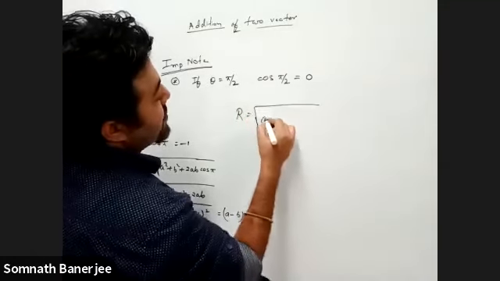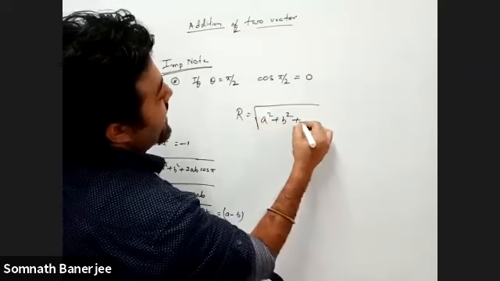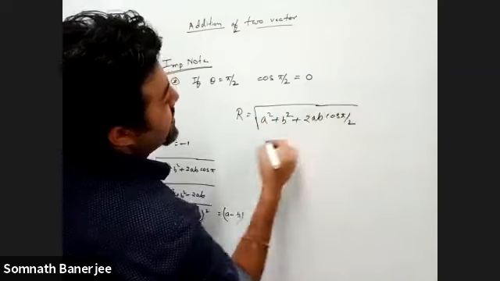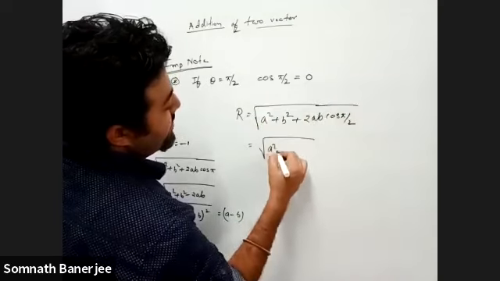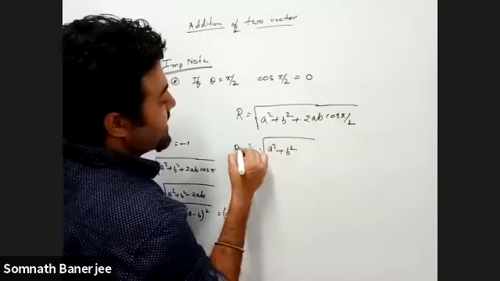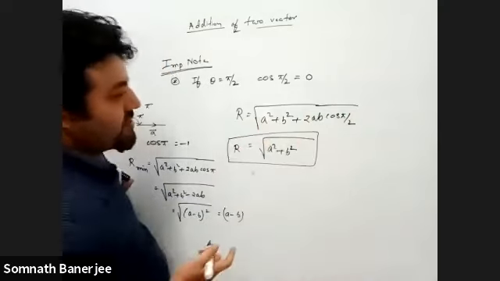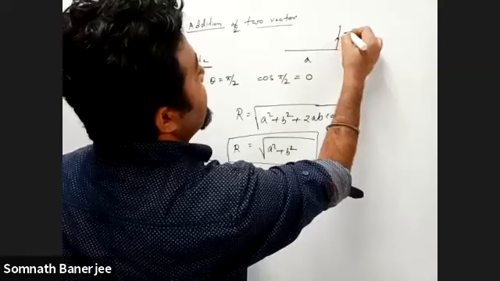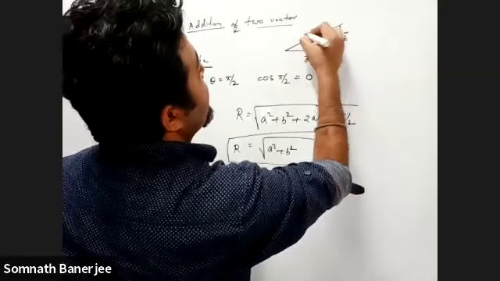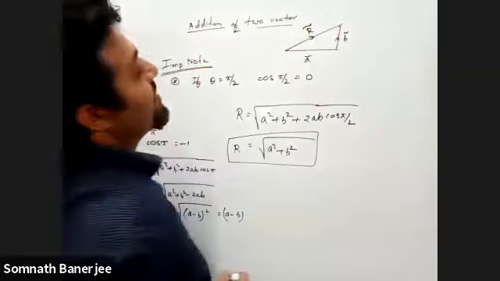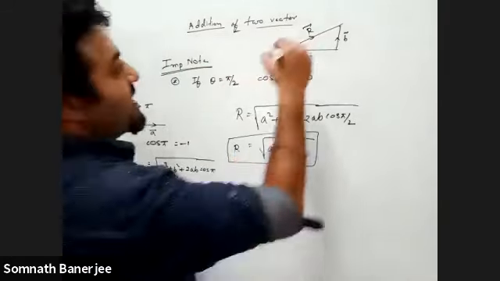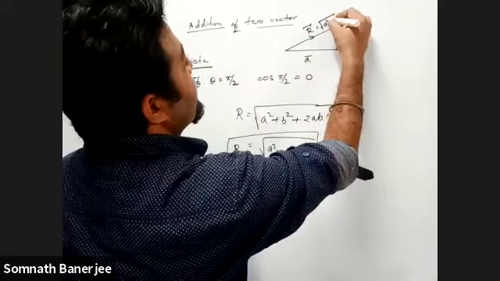R is root under A square plus B square plus 2AB cos 90 degree. That is root under A square plus B square. It looks like Pythagoras theorem. Why? Because if A is a vector and B is a vector, and they are 90 degree to each other, the resultant is the hypotenuse according to Pythagoras theorem. So you can write directly the resultant is root under A square plus B square.